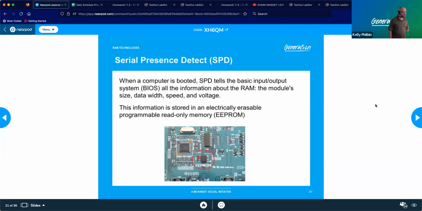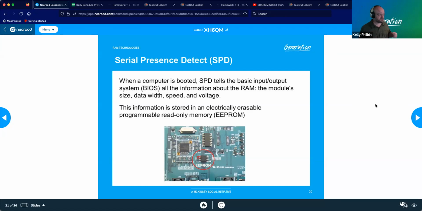SPD. I know you guys are loving these acronyms, and we promise we will keep the acronyms coming. So SPD, this is a tiny little chip that serves one purpose. The only purpose it serves is to tell the BIOS or the computer what the memory modules are, what their speed is, what their capabilities are.